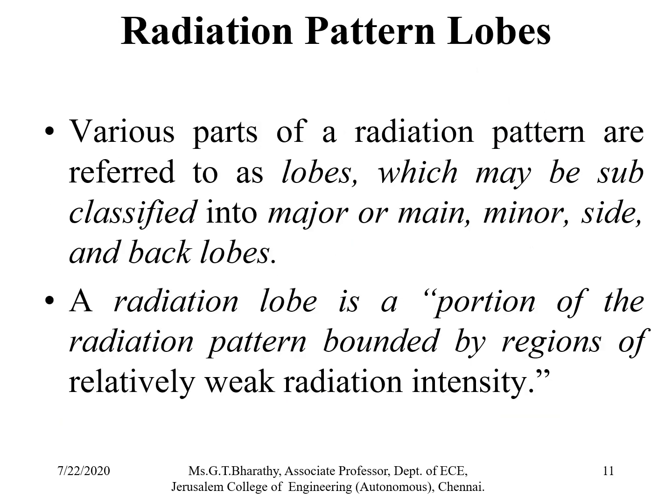Then we saw the parts of the radiation pattern, which is called as lobes, and the types are major or main lobe, minor lobe and back lobes. We saw the definition of all these components.